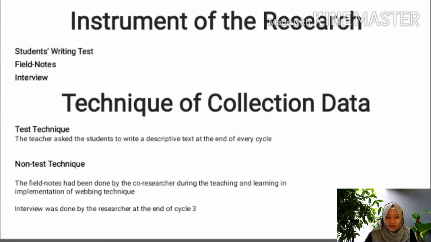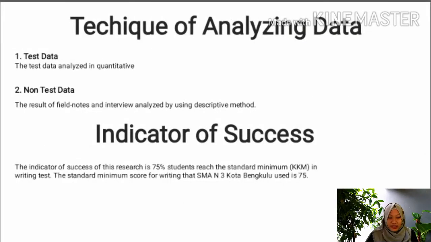Instruments for this research were students' writing test, field note, and interview. Technique of collecting data: test technique by using students' writing test, and non-test technique by using field note and interview. Technique of analyzing data: test data analyzed quantitatively, non-test data analyzed by using descriptive method.